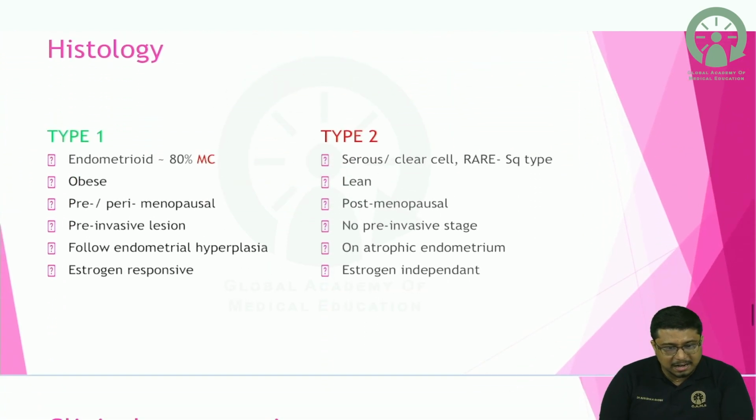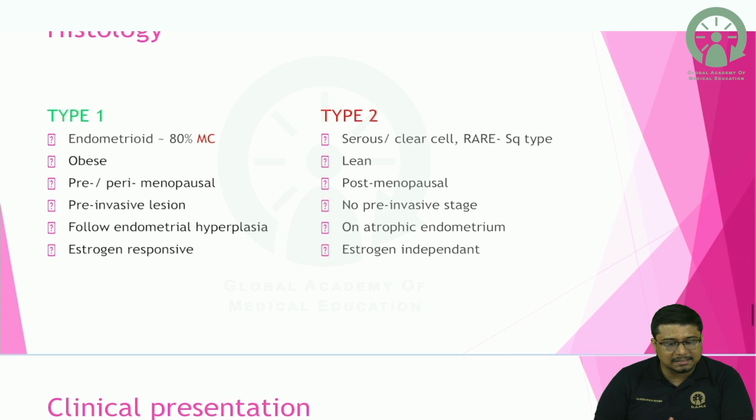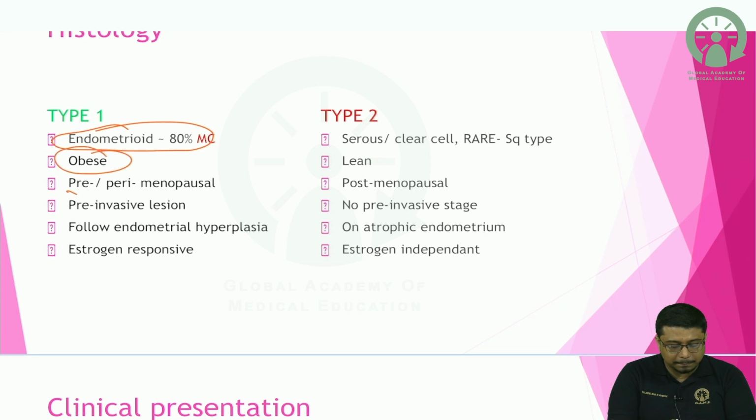Right. So this chart is very, very important. This is talking about type 1 and type 2 cancers. So type 1 is 80% endometrioid, mostly endometrioid. These are obese women, pre-perimenopausal, with pre-invasive lesions.